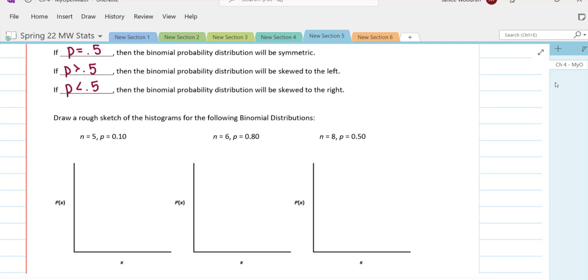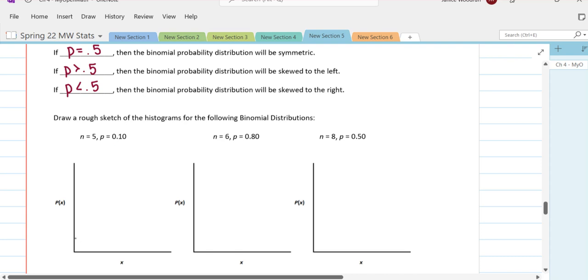So for these examples here, a probability distribution looks like a histogram, so a bar graph where they're touching. So, yes, histogram's touching, bar graph's not, I believe. Okay, so if we have number of trials 5 and probability 10%, that's less than 0.5, so it's skewed right.